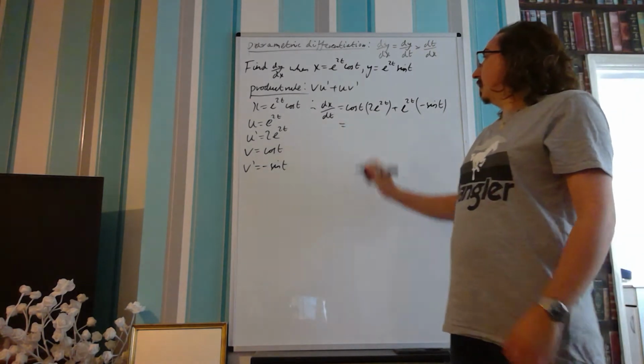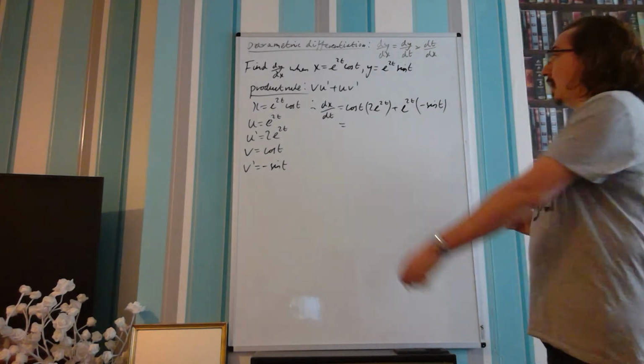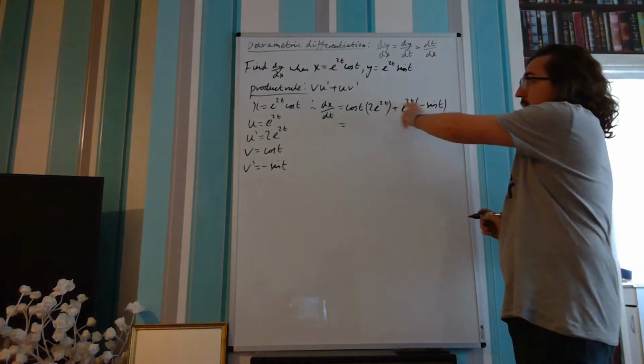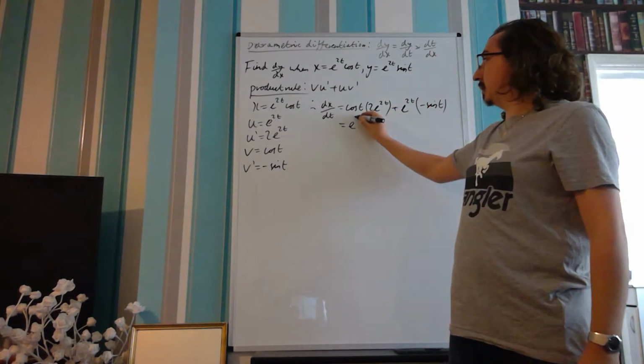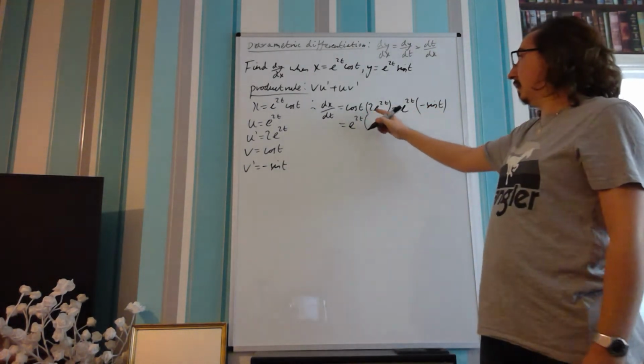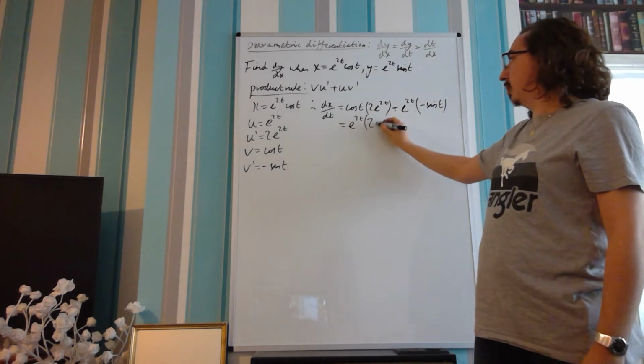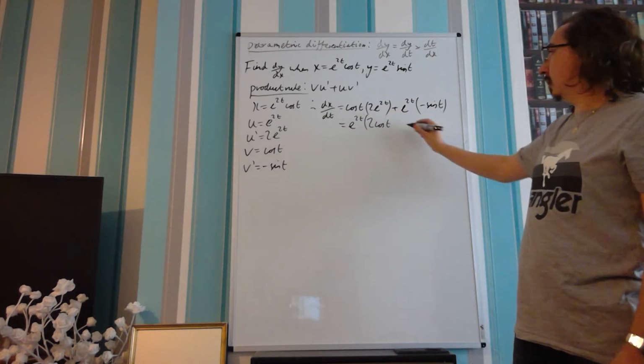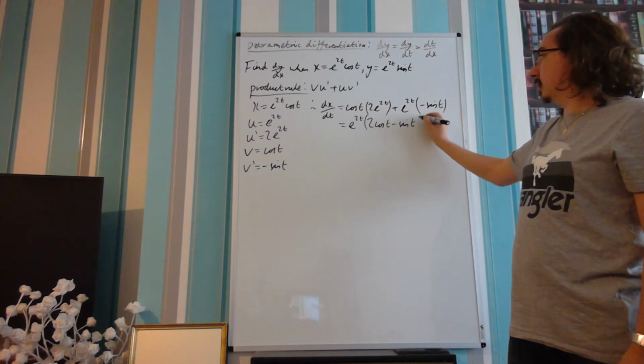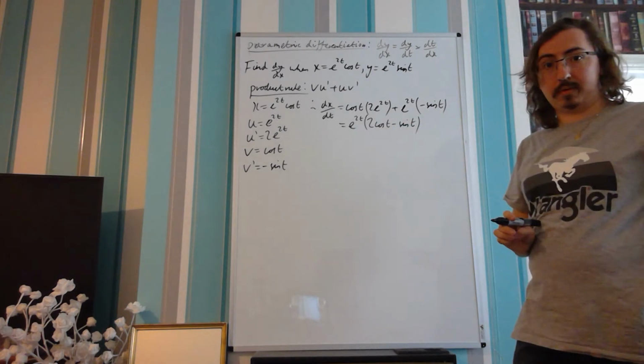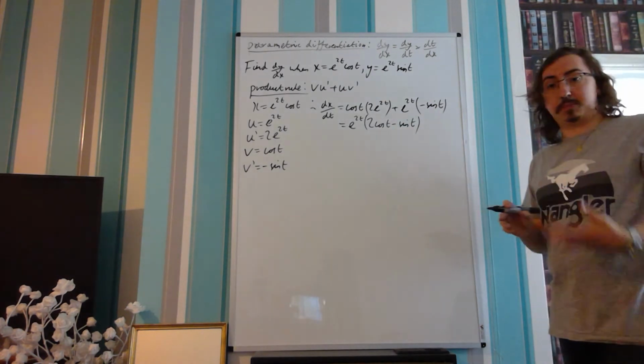Now, just to make this a little bit easier for ourselves, we have a common factor here of e to the 2t, so let's take that out. That leaves us with a 2 cos t minus sin t. Okay, so that's our first expression.